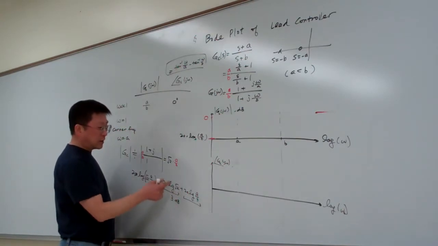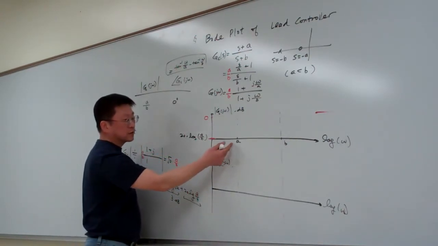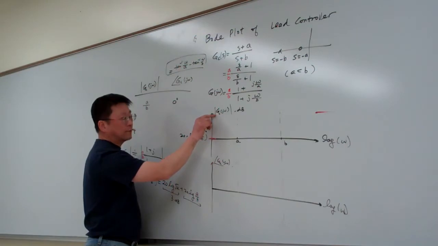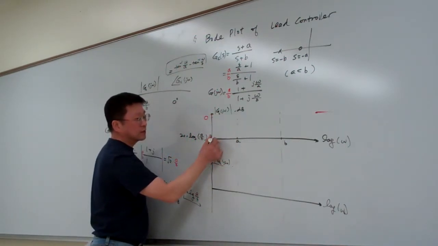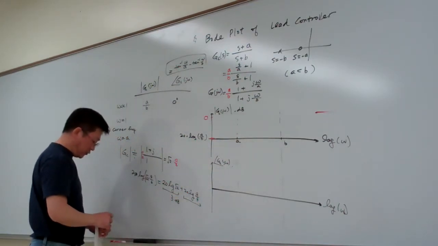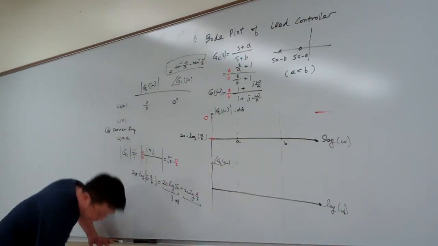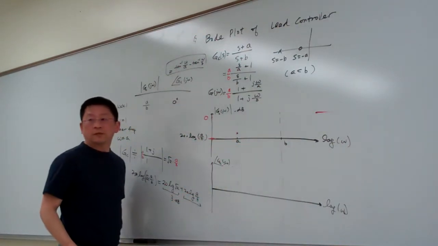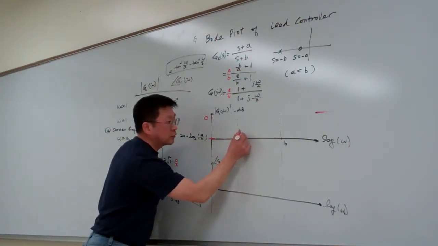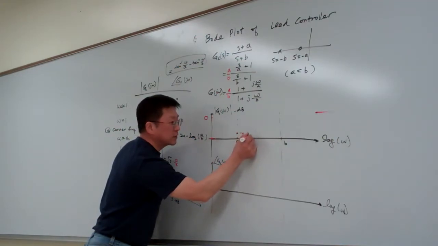So basically, at the corner frequency, the magnitude of GC is 3 dB above this level here. Let me label that point. So the distance at the corner frequency is 3 dB.